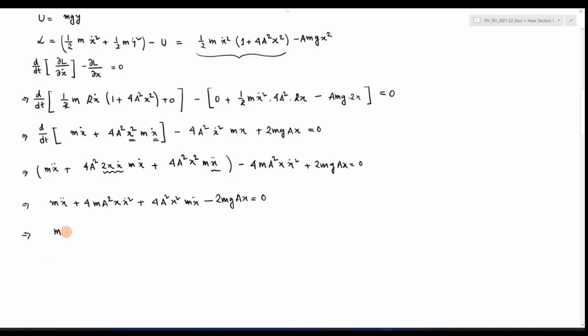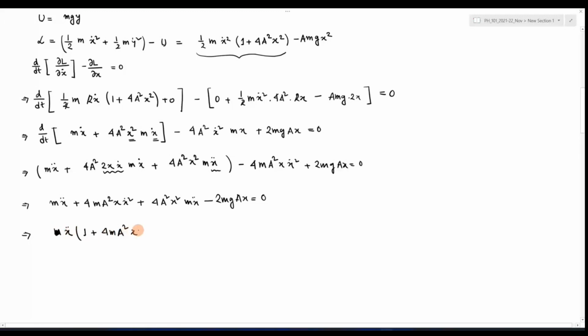Bhaiya, I have one small doubt. Yeah, ask me. Since the whole equation is zero and we are only considering one particle, can we cancel the mass just for the sake of simplification? Yes. So finally, we will be cancelling this mass because it is independent of mass.